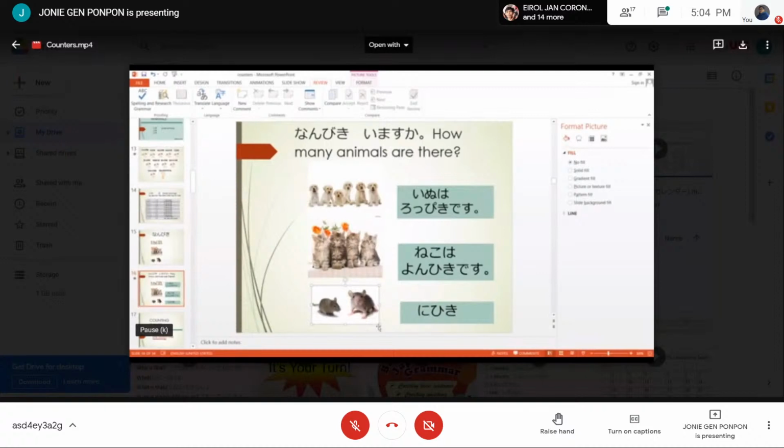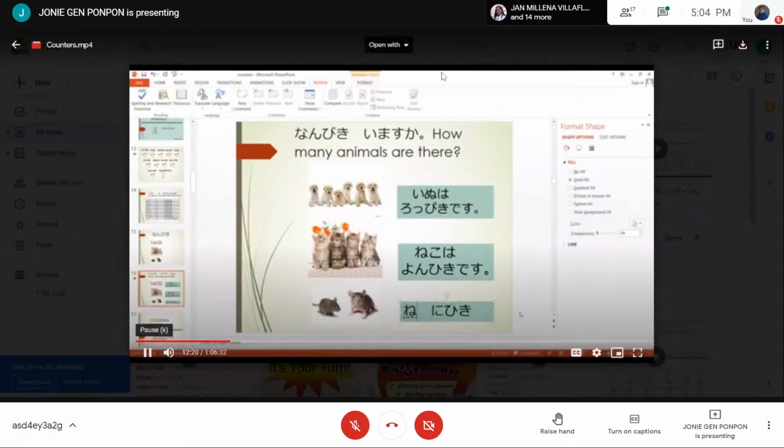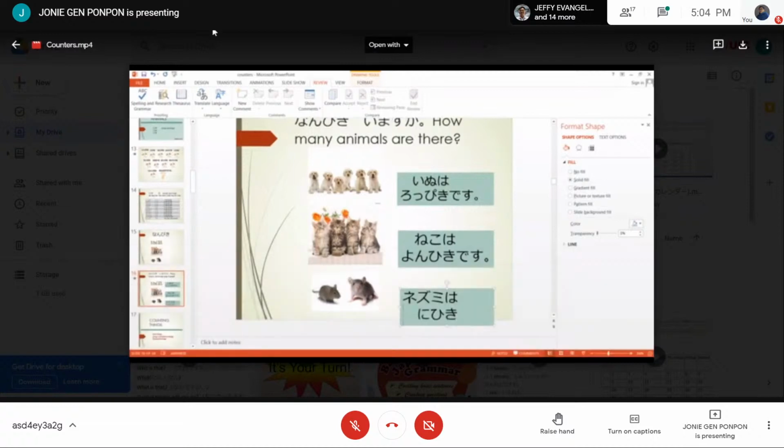There are 2 rats. Rat in Nihongo is nezumi. Nezumi wa nihiki desu. So that's how you answer.